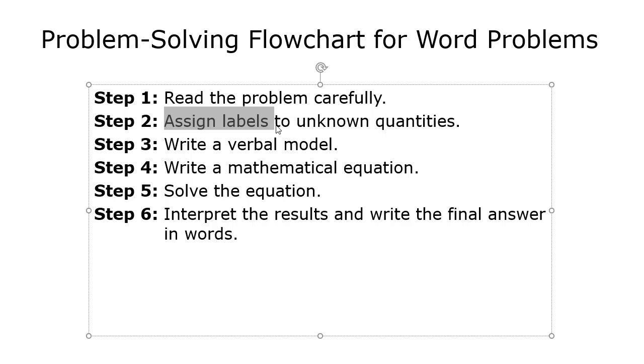You always want to identify the question that they're asking you to solve, and that becomes your unknown. Then you want to assign labels to those unknown quantities, i.e., you can have an x, a y, a z, or you can use variable letters that make more sense.